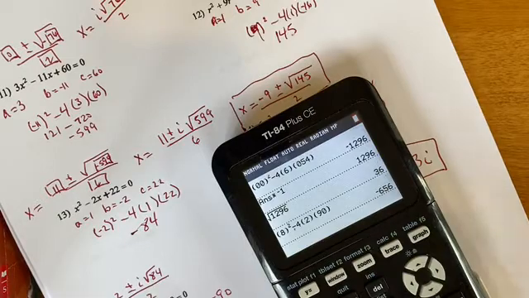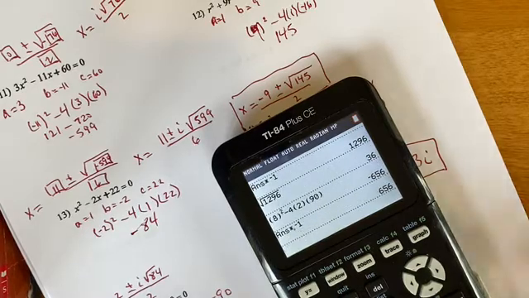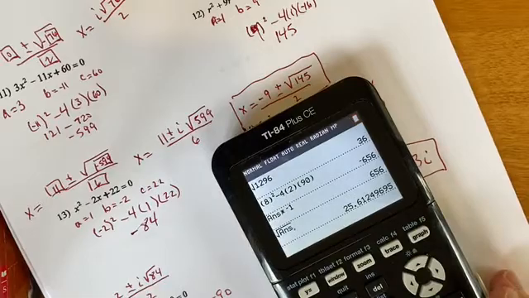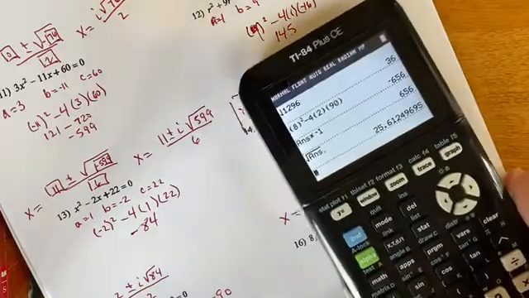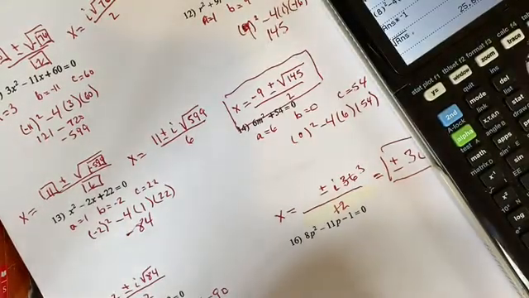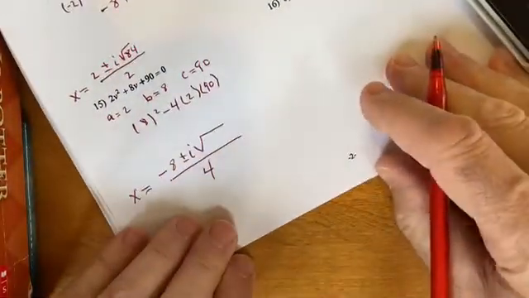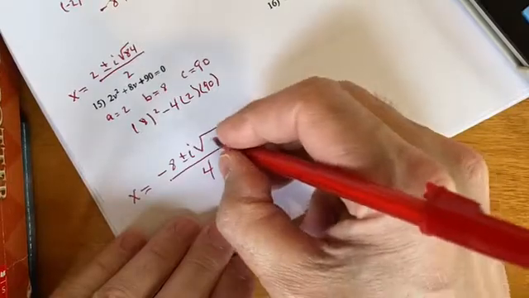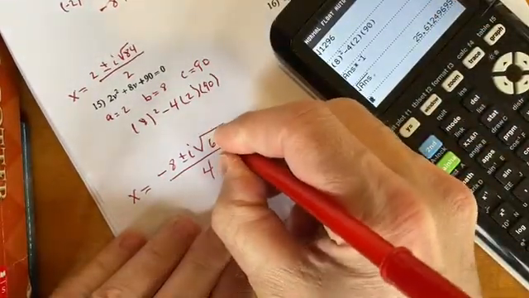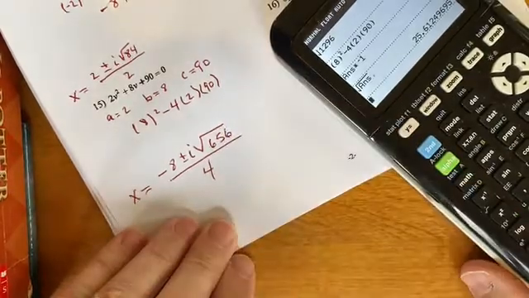That's negative 656. I don't know if that's negative or not, so I'm just going to change its sign and check to see if it's a perfect square root. And it's not, so we'll just leave it. Since it's negative, we're going to make sure we have an i here and an i there. It's 656 in here, and that's a great answer.